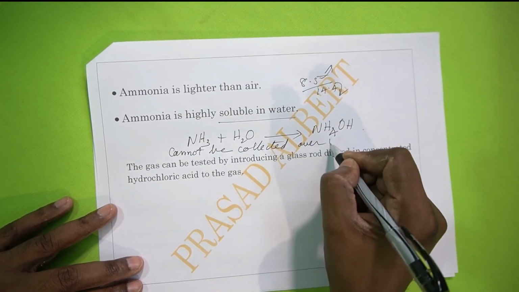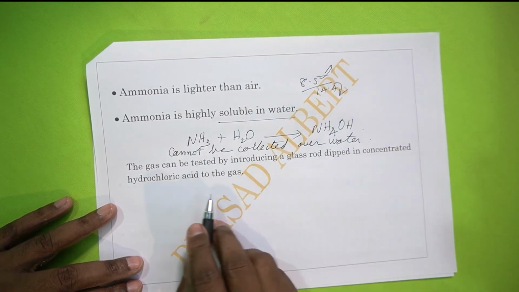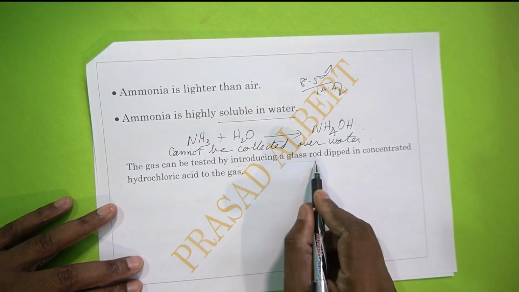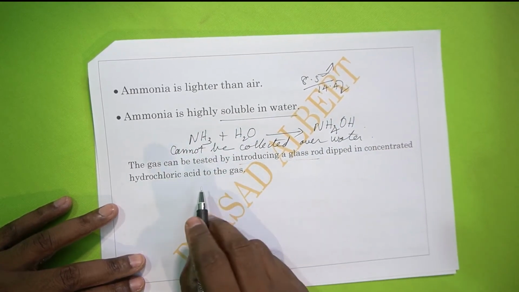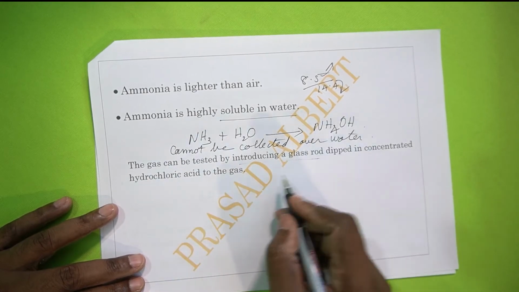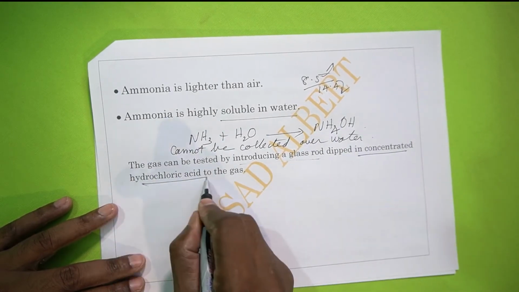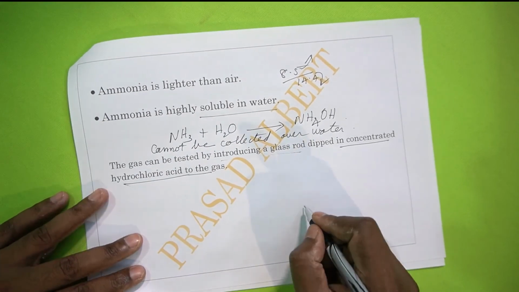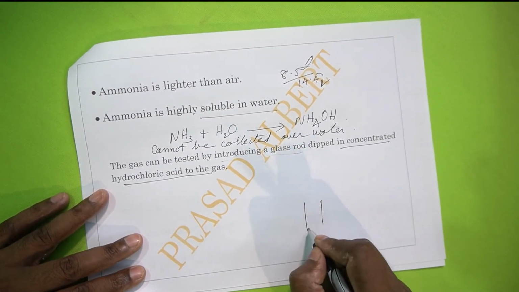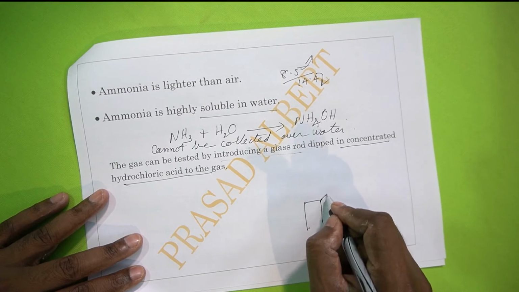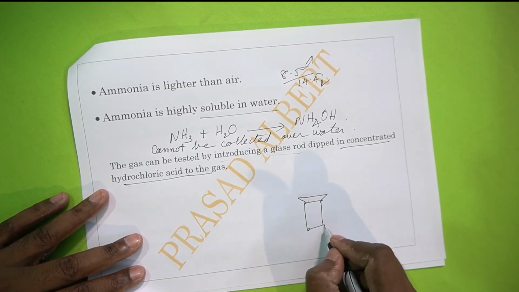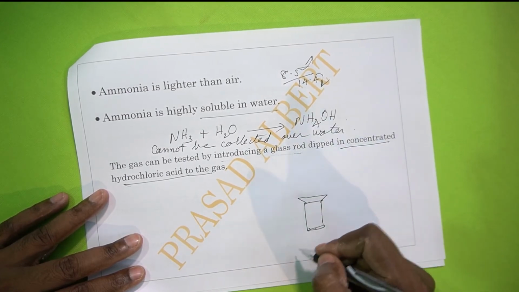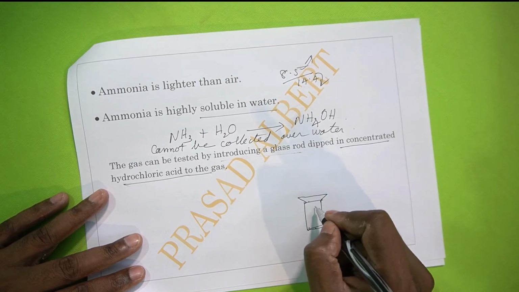Now the next thing is how to test the ammonia gas produced. You have a gas jar having ammonia, usually kept upside down so that the ammonia does not escape, being lighter, it will stay up.